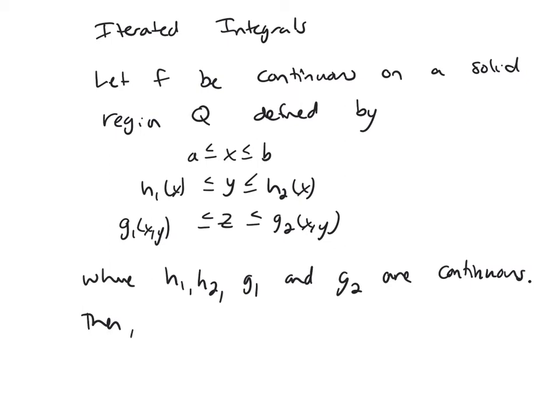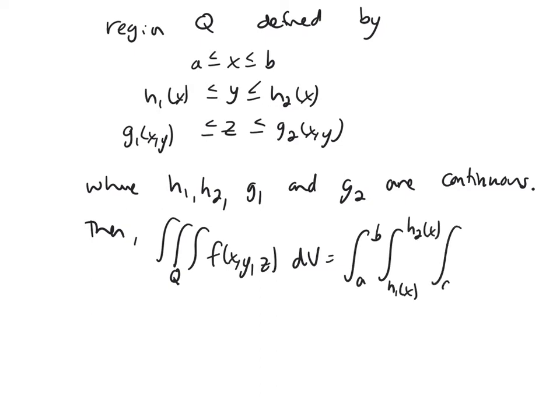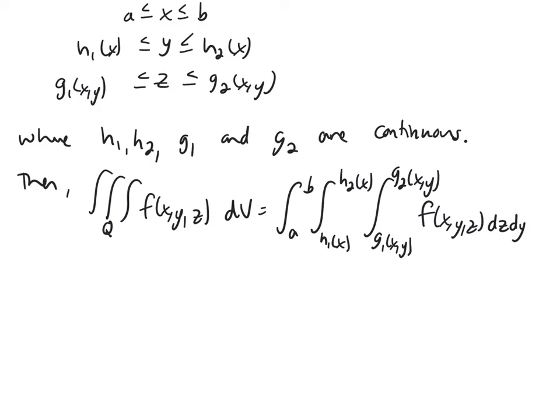Then we can evaluate this triple integral over the solid region Q of this function here as this iterated integral from a to b, h1 of x to h2 of x, g1 to g2 of our function f of x, y, z dz, dy, dx.